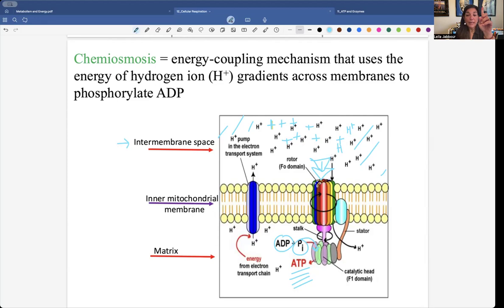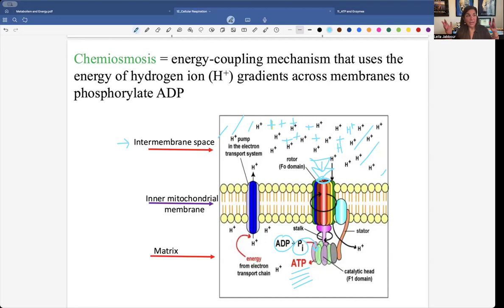Because when that door is open, it basically allows all of these hydrogen ions to see a compartment where they're less concentrated, the one on the other side. And it sees through that hole, because there's a hole there, it's like a tunnel. It sees through the hole, oh my gosh, the compartment on the other side, there's much, much, much less of us. Let's go, because we're too crowded in here.